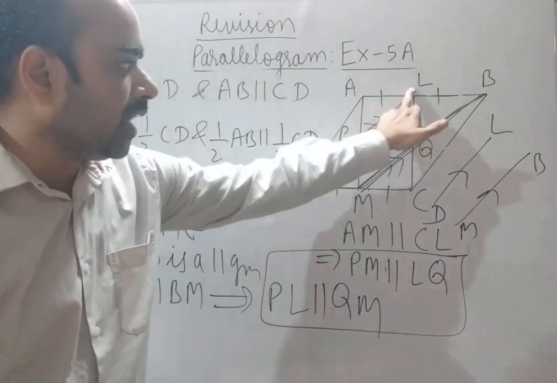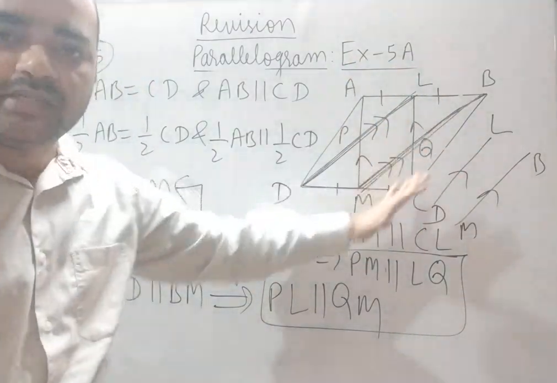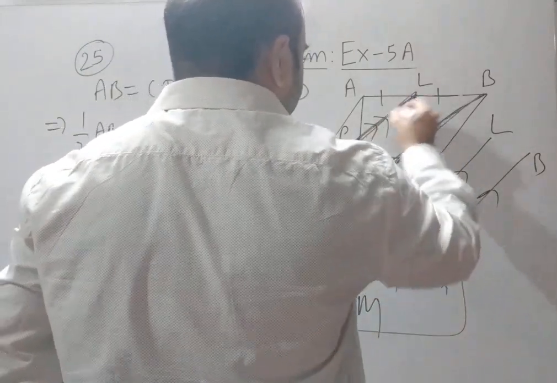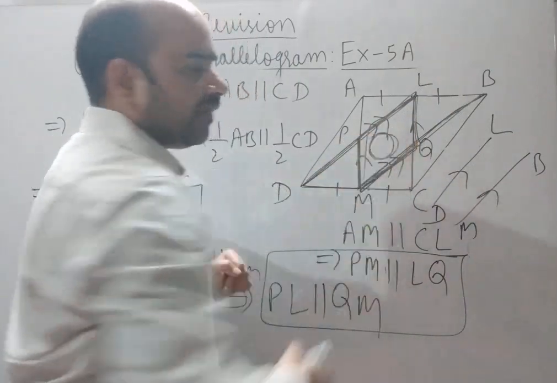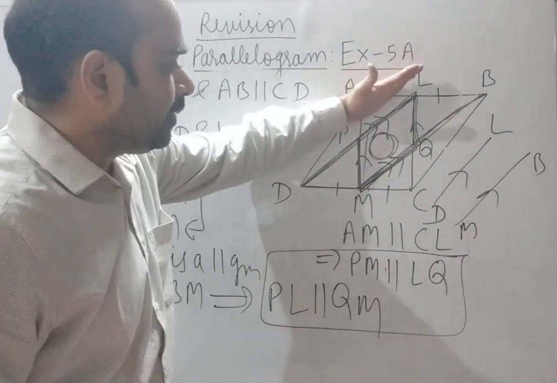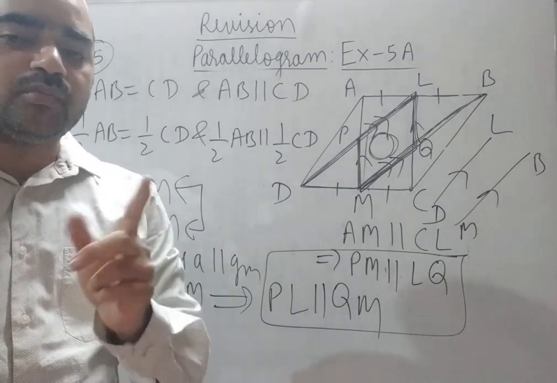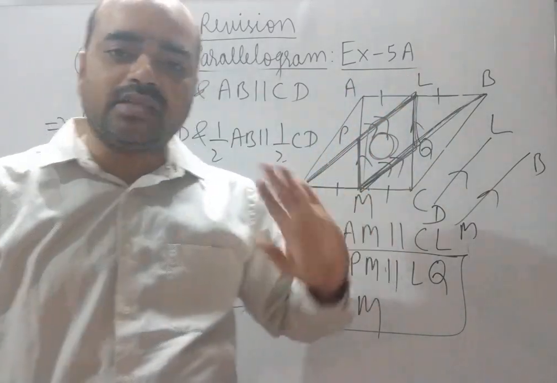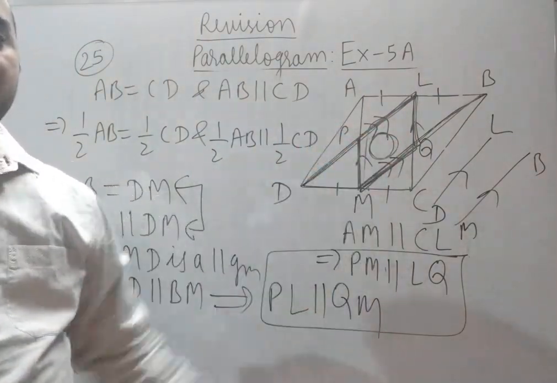PM is parallel to LQ and PL is parallel to QM. It means in this quadrilateral opposite sides are parallel, you can see. And in any quadrilateral, if both pairs of opposite sides are parallel, then that is a parallelogram. Hence, it is a parallelogram.